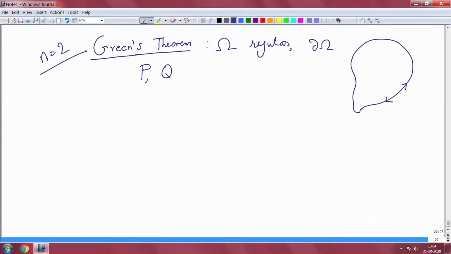You have your P and Q functions defined in omega, and you have your curve gamma, which is d omega, and d omega needs that assumption. Look into the proofs for very precise definitions.